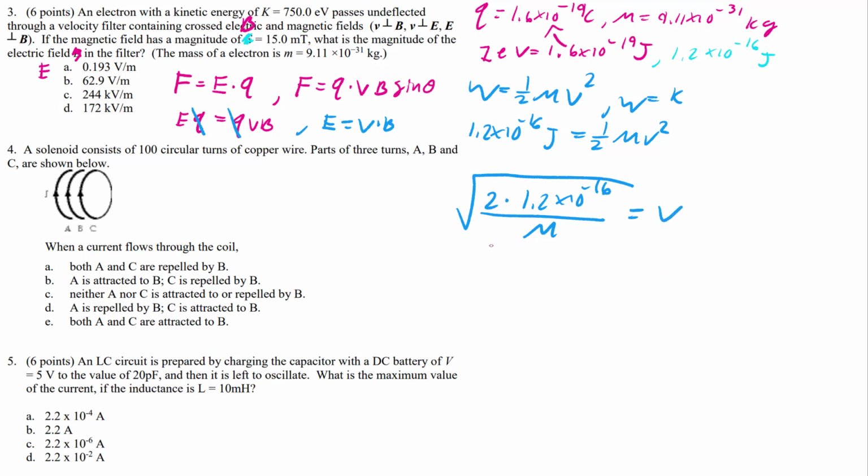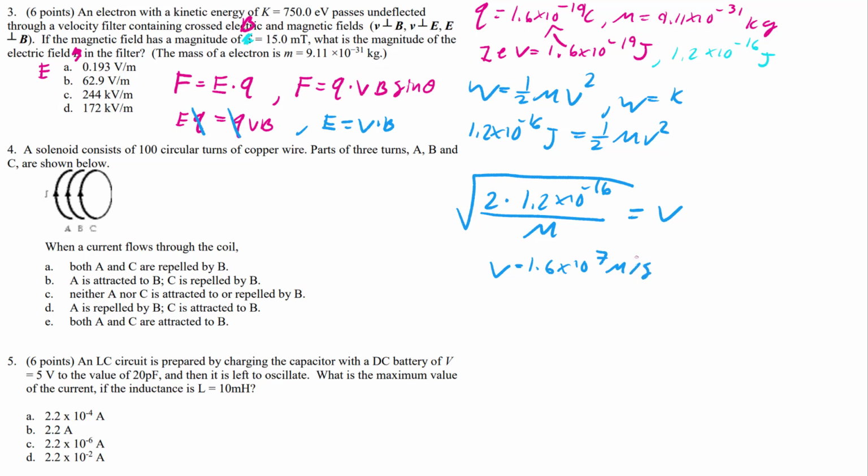So we're going to have the square root of 2 times 1.2e negative 16, over the mass of an electron, which is 9.11 times 10 to the negative 31. And so our velocity turns out to be 1.6 times 10 to the 7 meters per second.